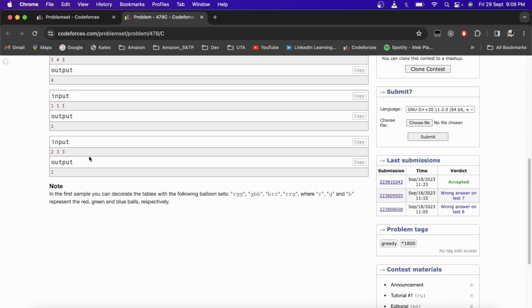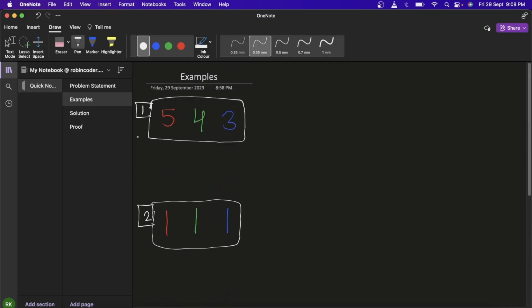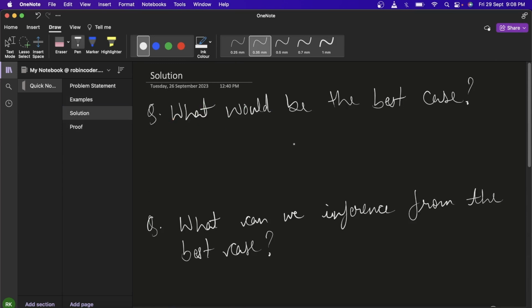The remainder of 8 mod 3 is 2. So 2 balloons will be left out anyway, whatever case we try, and so the answer is 2, because 8 by 3 is 2. Okay, so these are the examples, and we can head to the solution now.